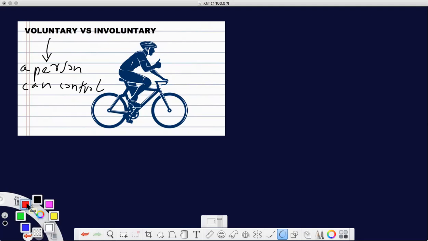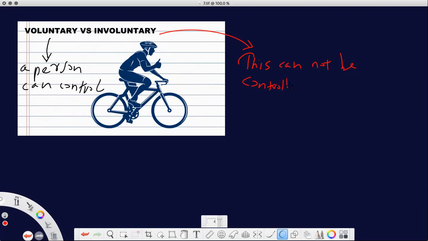Right. On the other hand, involuntary. Opposite of voluntary is involuntary. This cannot be controlled by a person. So we say it's completely brain involved. It's completely controlled by the action of a brain, right?